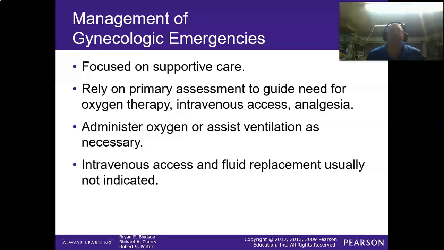Primarily, we do supportive care for gynecological emergencies. Pretty simple. Get their vitals, put them on oxygen, start an IV on them, start flowing, give them a little bit of analgesia. If it really boils down to it, that's pretty much all that we're going to do for these folks. And when we get into specific types, we'll talk about the different things that you're going to do to help them.